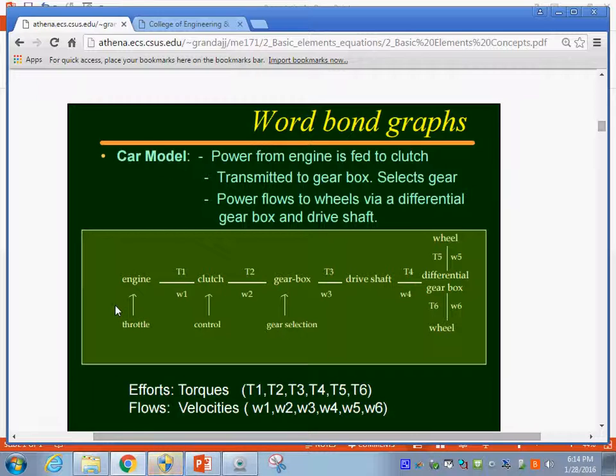We also have a situation where the engine connects to the clutch, even if the car is an automatic transmission car, it will connect this way.